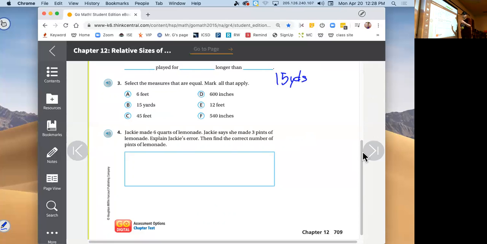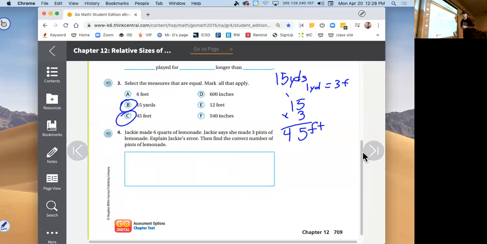There are 3 of these that match, and they're the same, and you have to figure out which 3 are the same. So now you go 15 yards. We know that 1 yard is equal to 3 feet. So you take 15 times 3, and you get 45 feet. Is there one that's the same there? Look at that. So those 2 are matching.